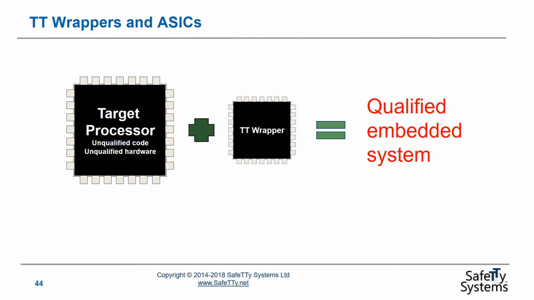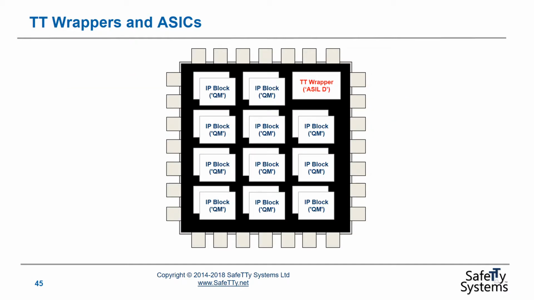There's another possibility that we've also worked on over recent months. Many organizations these days produce ASICs, application-specific integrated circuits, for use as part of, for example, an automotive system. These ASICs are assembled using various IP blocks, silicon IP blocks. Some of these blocks will be qualified, other blocks will not be qualified.